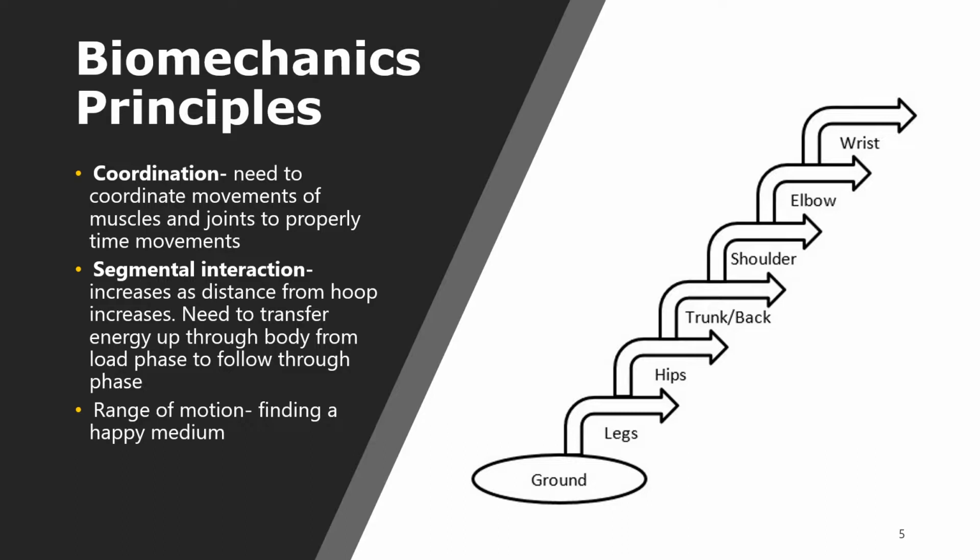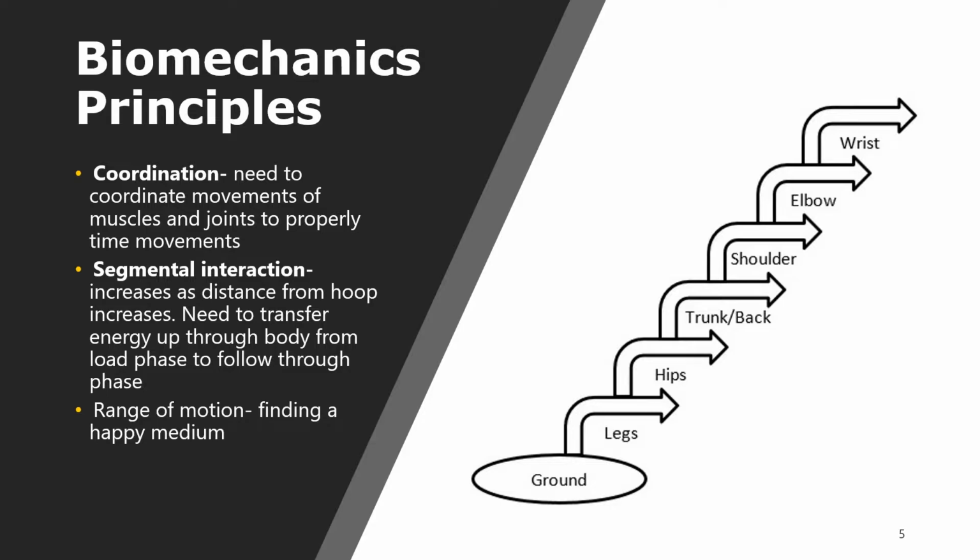Segmental interactions. This is a concept where it increases as distance from the hoop increases. You really need to transfer your energy down through your ankles and just up the kinetic chain up until release point.